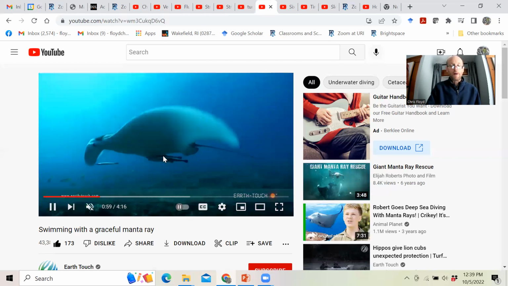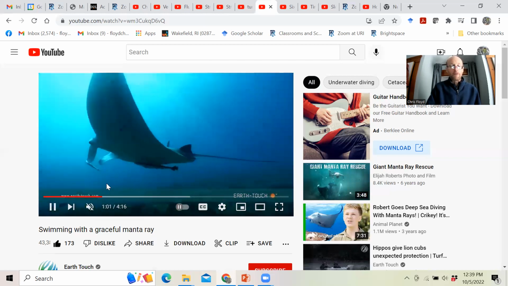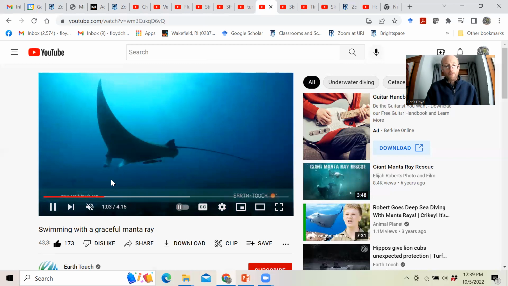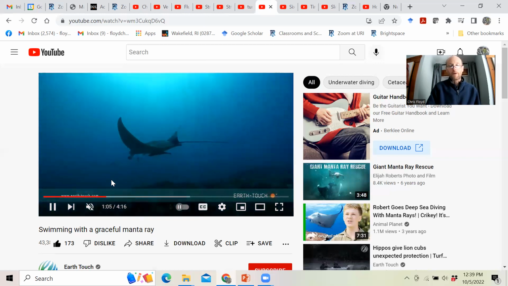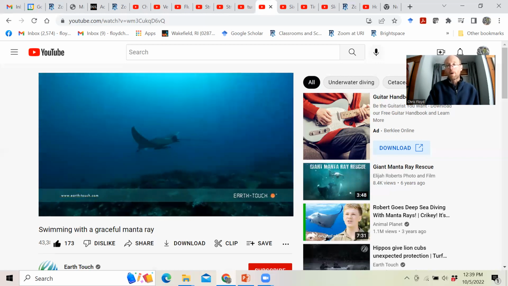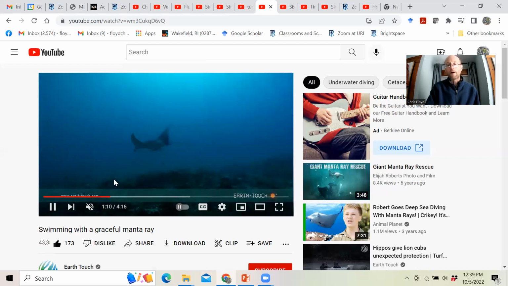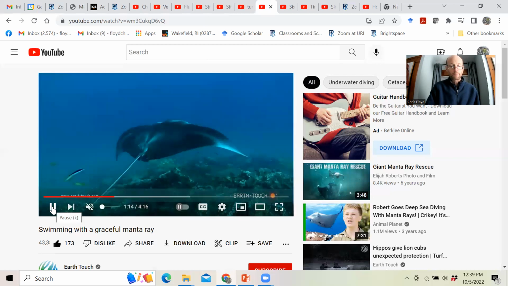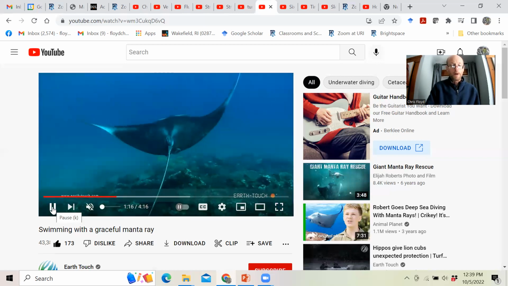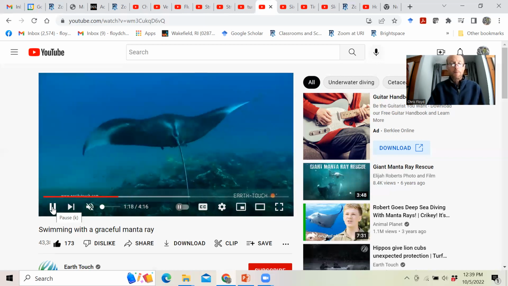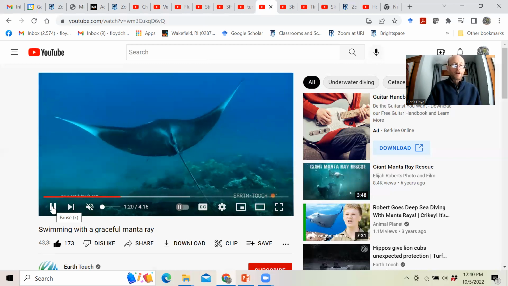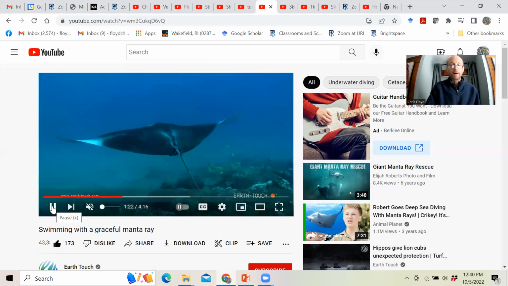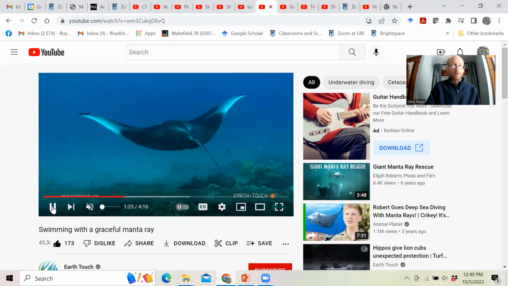Well, what it's doing here is flying underwater. Those are actual airfoils, not limbs moving like the swimmer's limbs were moving. That is true flying. Completely different story. It's generating lift and propulsion by changing the angle of attack of the wing.